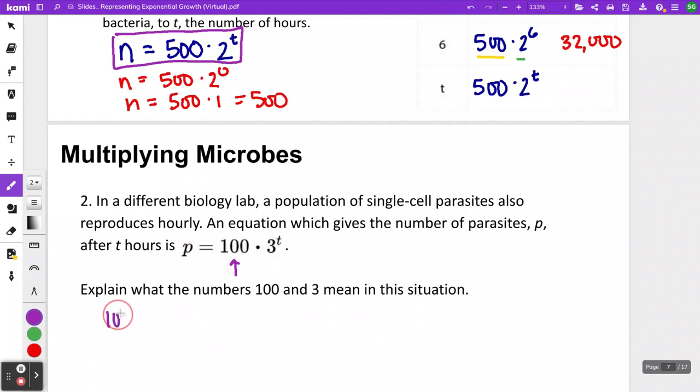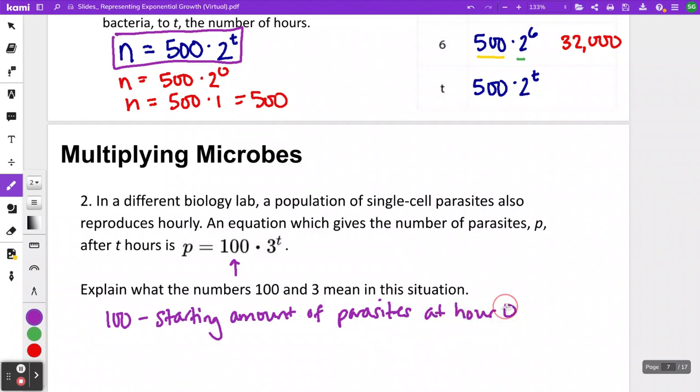So our 100, we can say, is the starting amount of parasites. I'm going to put at hour 0 there. If I were to substitute 0 for hour t, if I were to put a 0 right there as the exponent, it would equal 100, because at hour 0, at the starting point, there are 100 parasites.